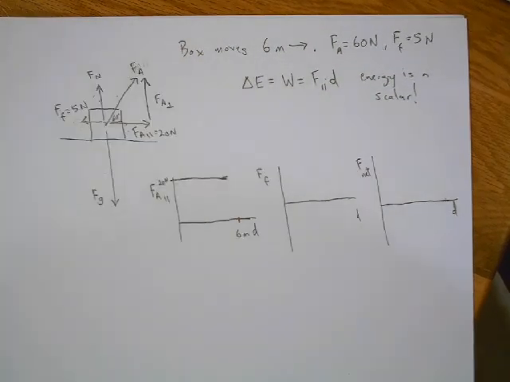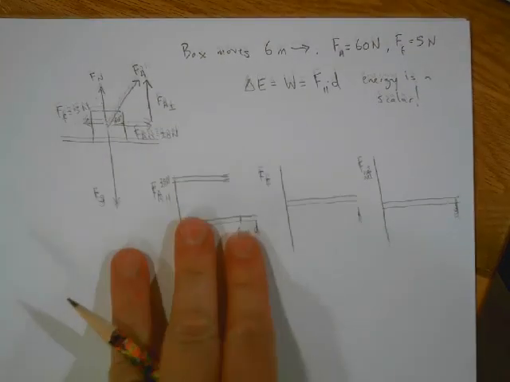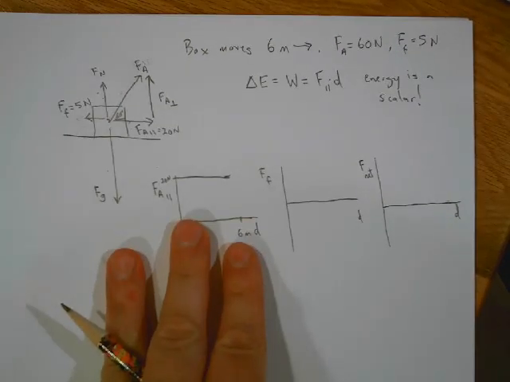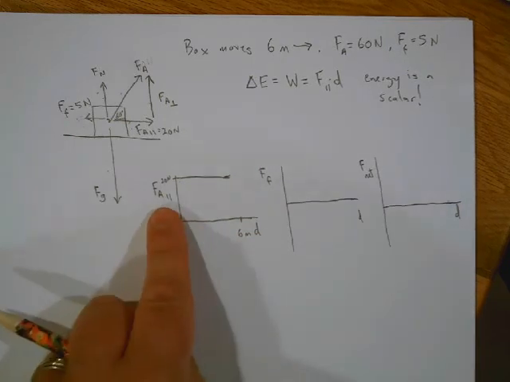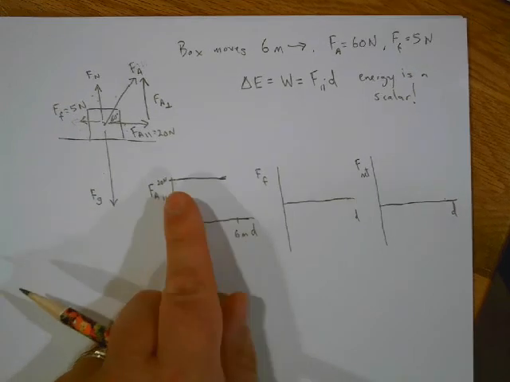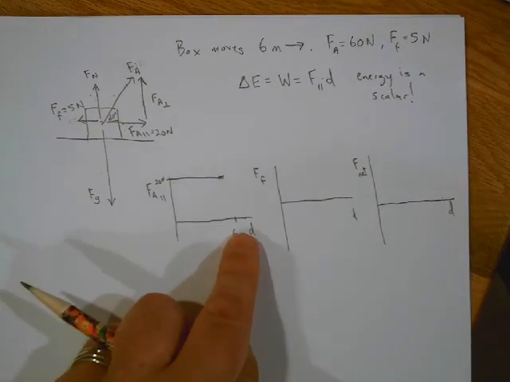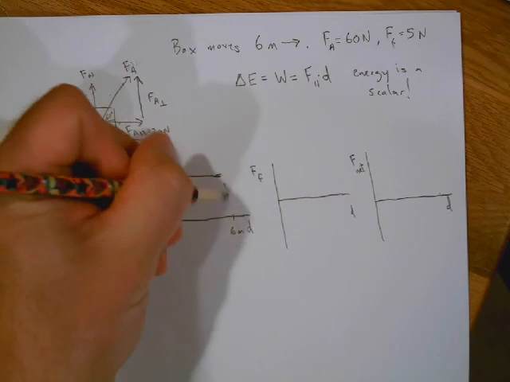Remember, anytime you have a graph, it's always one of 3 things: you look at the graph, you look at the slope, you look at the area. In this case, the graph tells us FA and distance. What does the slope tell us? The slope is nothing. It's force over distance. That's nothing. What does the area tell us?